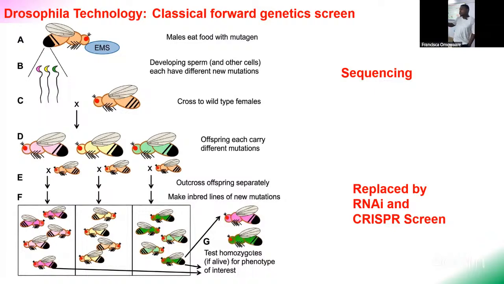Once you go from Flybase, you can go on to the Bloomington Drosophila Stock Center, and you're going to get a list of RNAi from there. On Flybase as well, you're going to get lists from VDRC, the Vienna Drosophila Stock Center. VDRC was actually created for RNAi reagents, unlike Bloomington, which has a mix of everything.